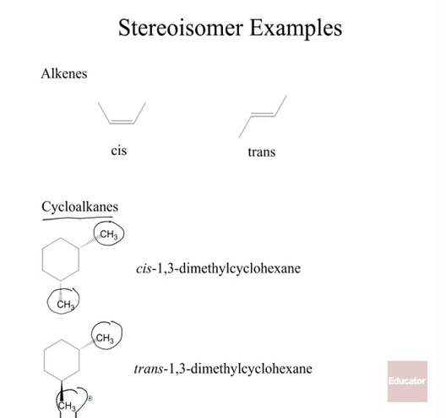If they're on opposite sides of the ring, one up and one down, we would describe them as being trans to one another. And once again, these 2 molecules are unique compounds. They're not interconvertible. In this case, it's because of the ring that free rotation around these sigma bonds is prohibited, and we can't interconvert between the 2. So cis and trans molecules are examples of stereoisomers.